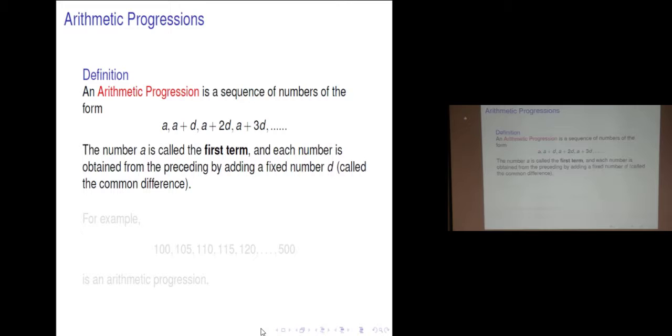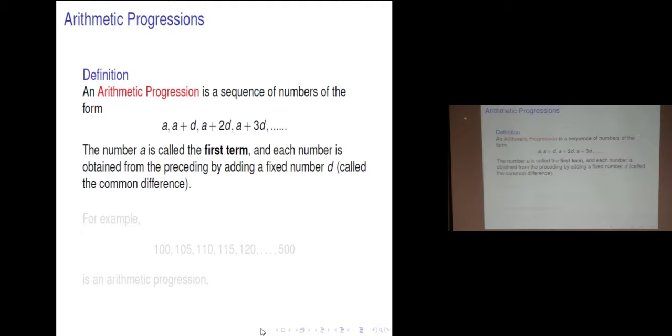You start from a number a, and then the second term is a plus d for some fixed number d. And then you keep adding the d amount. So the second term is a plus d. Then you add d one more time, so this is a plus 2d. And then the next term will be a plus 3d. Each time you add one more portion of d.